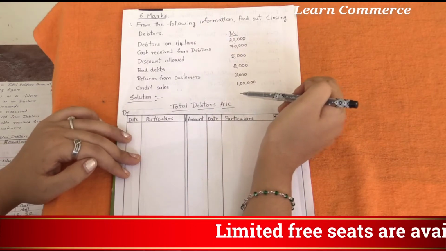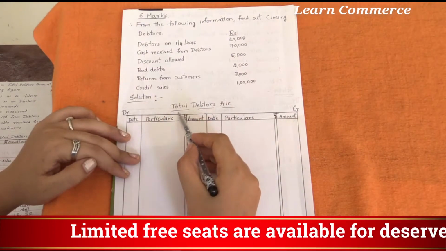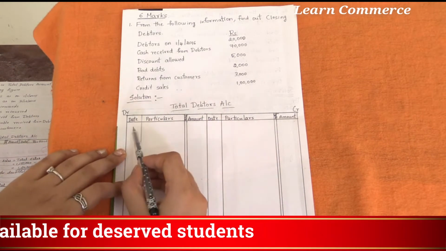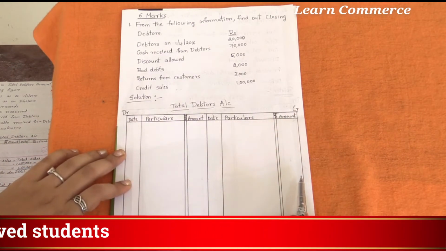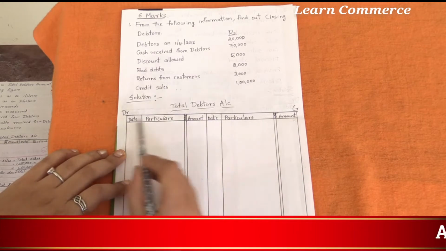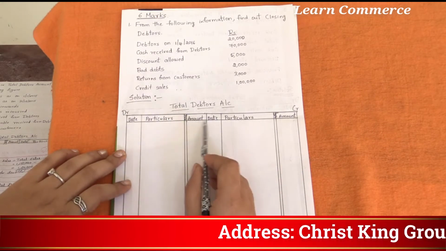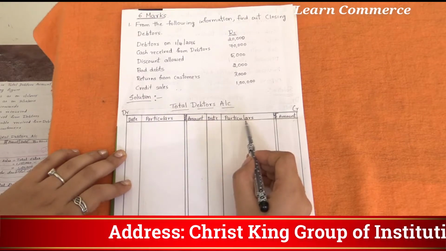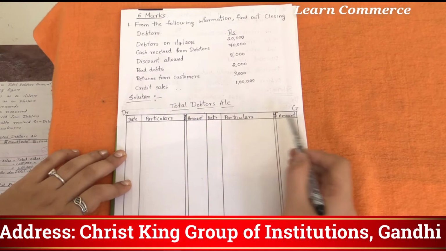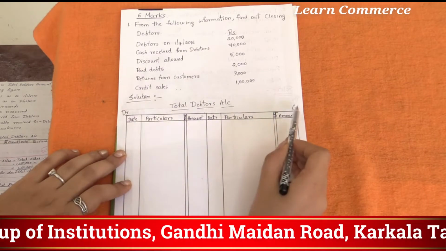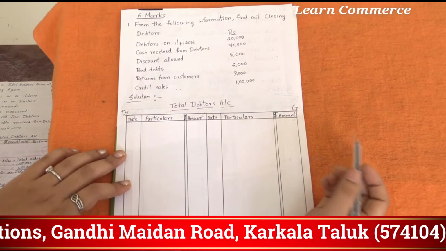Let's solve the problem. So solution, first you have to write the total debtors account heading. Then the ledger account format, you know that: date, particulars, journal folio JF, amount, date, particulars, JF, then amount column. Then here debit, credit, compulsorily you have to write this. Okay, let's solve the problem.